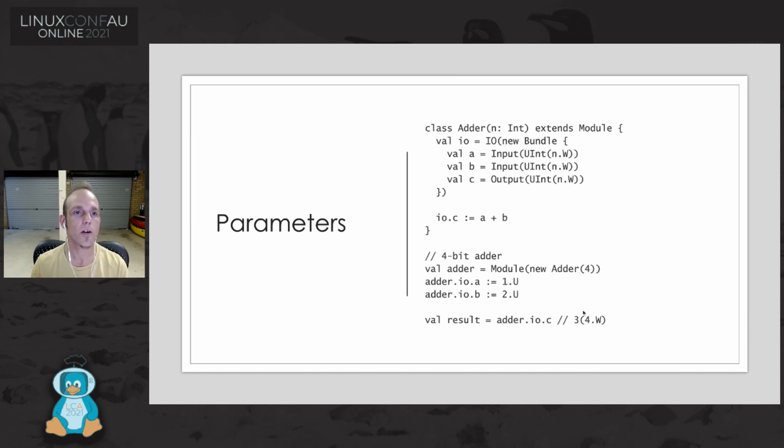And then parameters are a way of generalizing some of that behavior. So rather than hard coding this module to 8 bits, we can pass in a parameter when we instantiate that module. So this becomes a 4-bit wide unsigned integer adder now. So the output is still 3, but the result is a 4-bit wide unsigned integer.